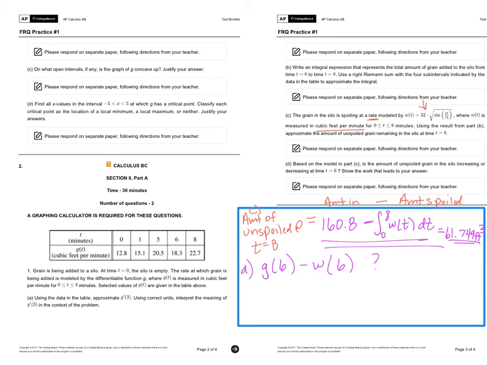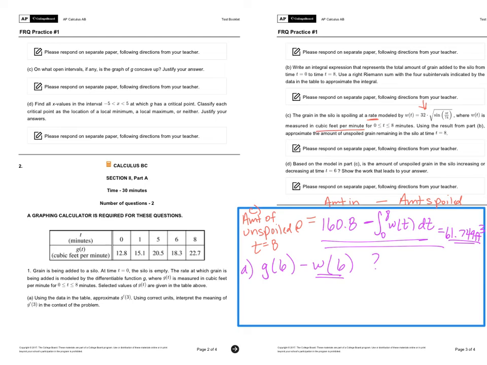Because if you take the rate that you put it in and subtract the rate that it's spoiling, and that's a positive number, then the unspoiled grain is going to be increasing, right? However, if you're putting some in but it's spoiling faster, so the rate at which it's spoiling is a lot bigger, then this will be negative. So that's really the question.